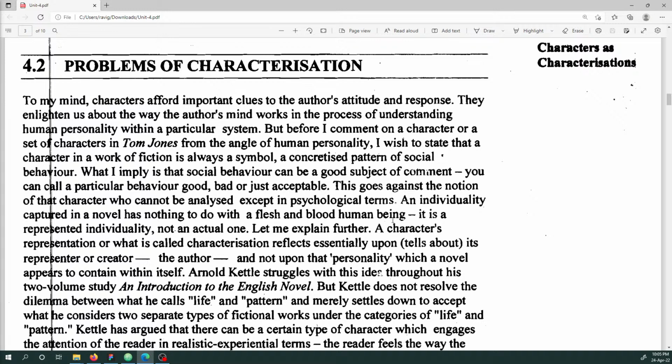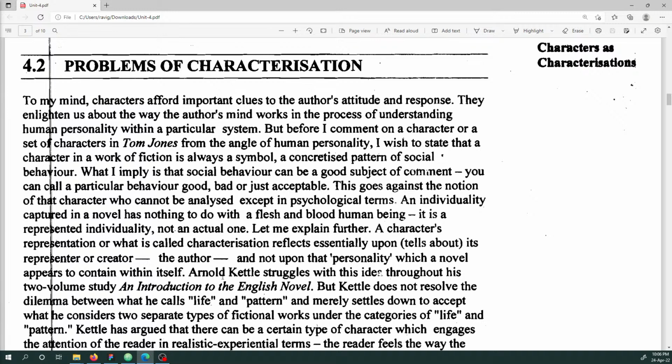It is a represented individuality, not an actual one. Let me explain further. A character's representation, or what is called characterization, reflects essentially upon, tells about, its representer or creator, the author, and not upon the personality which a novel appears to contain within itself.